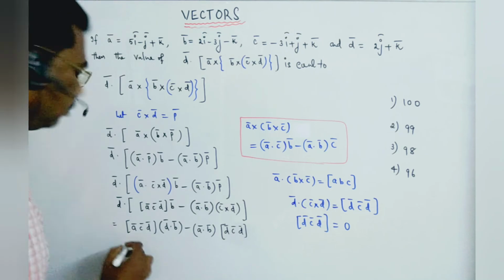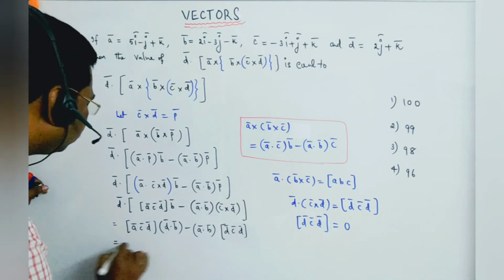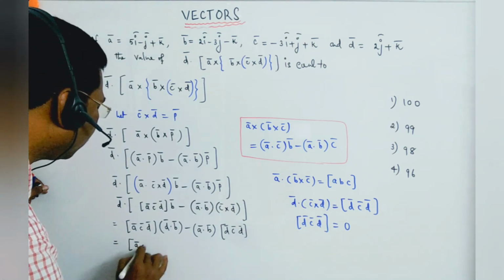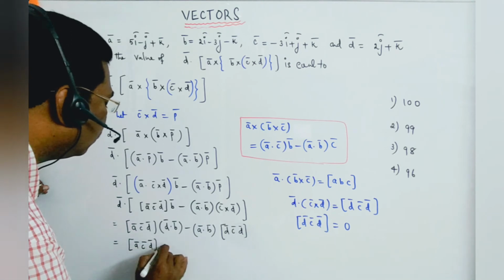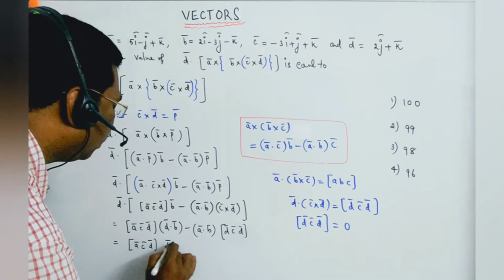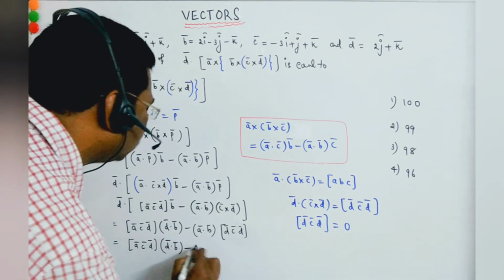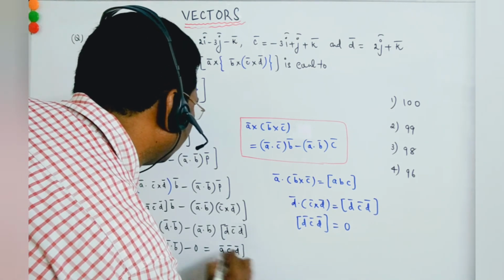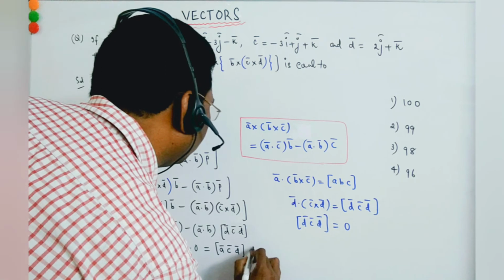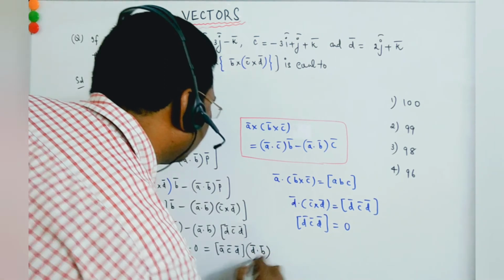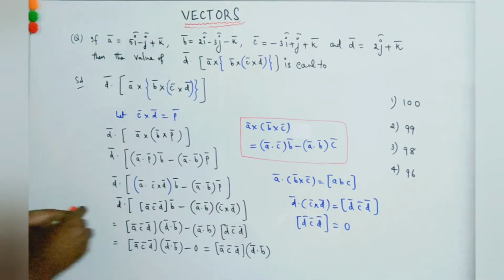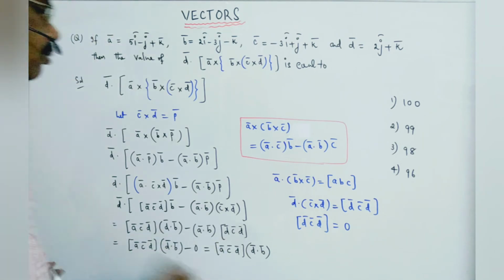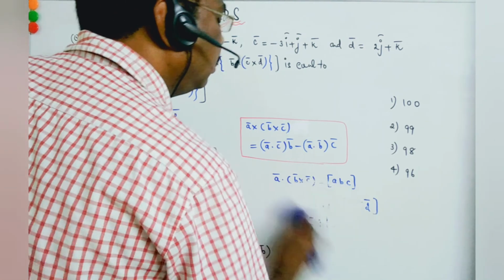So the expression is equal to box a bar c bar d bar into d bar dot b bar minus 0, which is box a bar c bar d bar into d bar dot b bar.